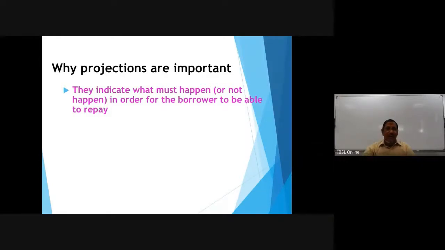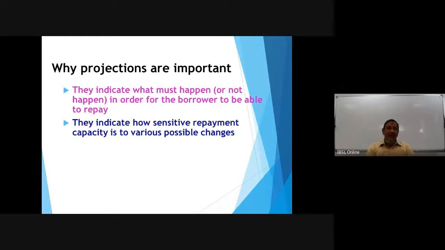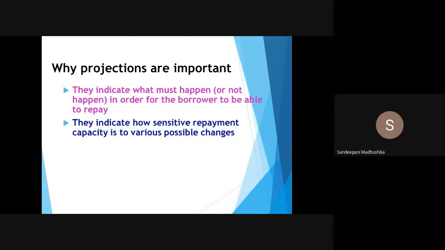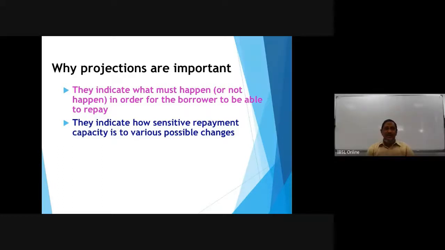Okay. They indicate how sensitive repayment capacity is to various possible changes. This is another important factor, sensitivity to change. Normally, when you do analysis, we do 3 levels of sensitivity analysis. If the profit is, say, 20%, what is the position of the outcome?